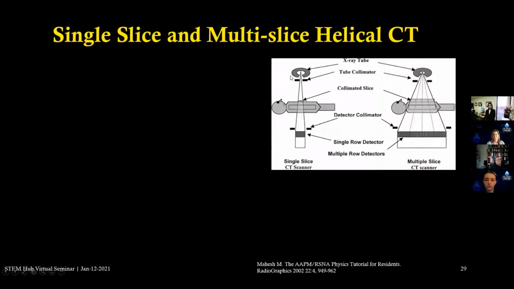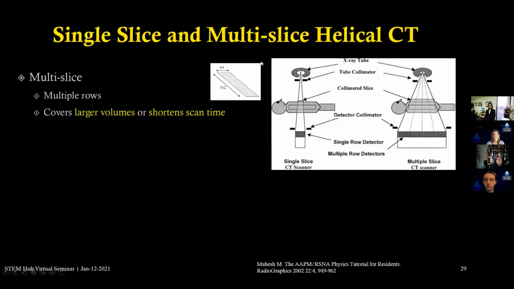And another advancement that was made is, as I told you, usually a single slice was acquired for one rotation. But with the multi-slice detectors, now instead of one array of detectors, you have a 2D array of detectors. So you have multiple detectors that are lined up, and you can use a wide X-ray beam instead of a narrow beam. You can excite multiple slices simultaneously, and the signal received by each of these detectors is specific to its slice.